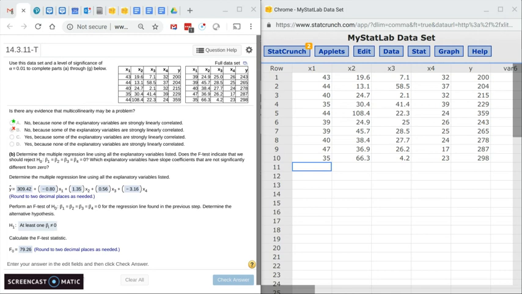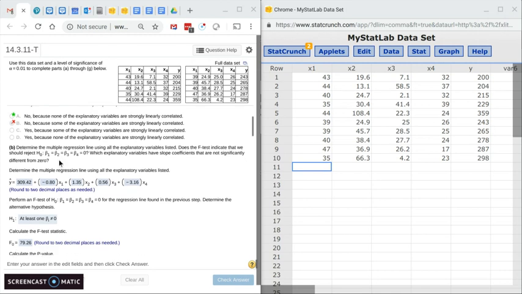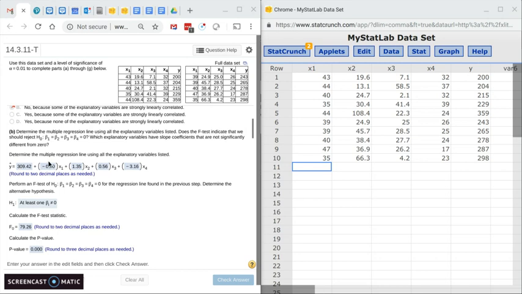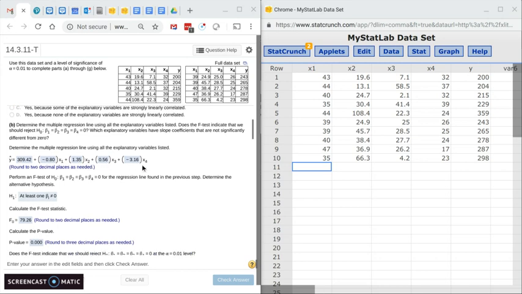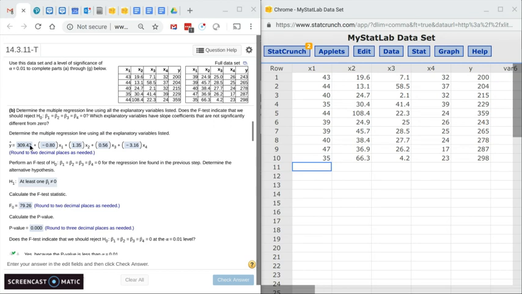So what they wanted us to do after that is determine if we're going to do a hypothesis test to see if any of the slopes are zero for any of the explanatory variables. And sorry, here's where we just constructed the regression line, right? This is what StatCrunch gave us.